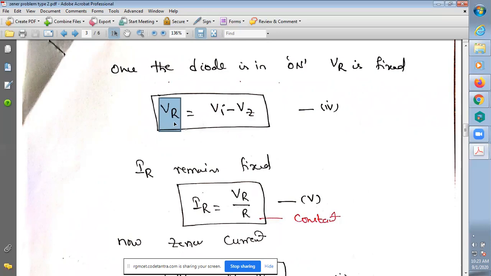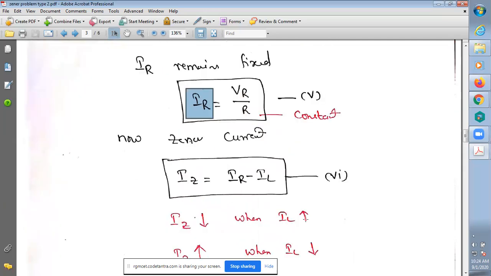Now once VR is fixed, what about the current IR? IR is equal to VR by R. This is also fixed, that means constant. R is fixed, VR is also fixed, so the resultant current IR is also constant.